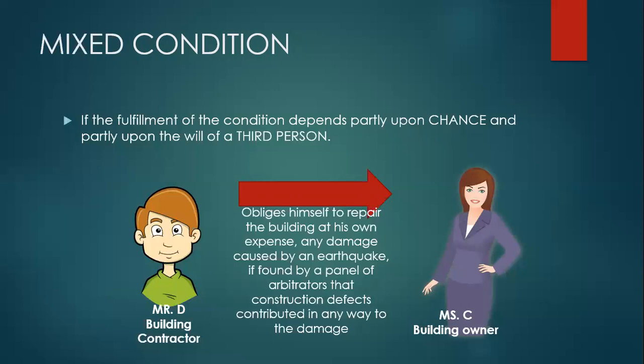And since this condition is dependent partly upon chance and partly upon the will of a third person, then the condition imposed in this obligation is a mixed condition. And since under the law, it is provided that if the suspensive condition is a mixed condition, then the obligation is valid.